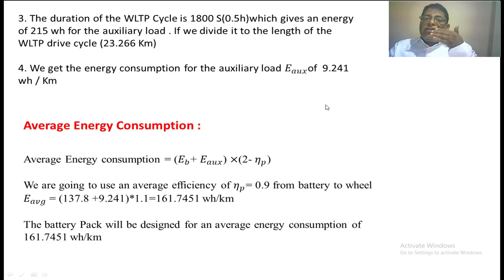So the energy required to move the wheels on the road and the auxiliary energy, we are adding, divided by 2 minus eta p. This eta p is nothing but the efficiency of the motor as well as the transmission system. Generally this eta p value will be 90%. If we substitute those values, we are getting nearly 161.77451 watt hour per kilometer.